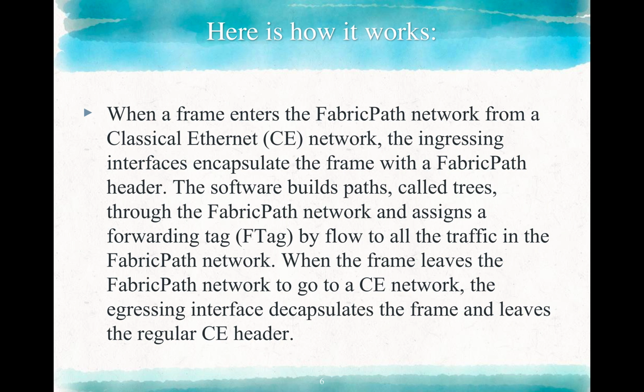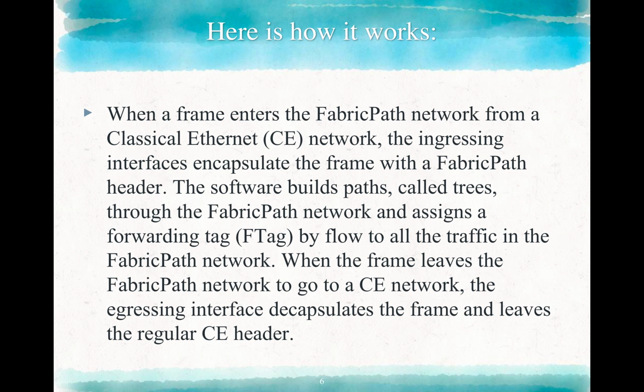So how does FabricPath work? When a frame enters the FabricPath network from a classical Ethernet network, the ingress interfaces, the interfaces that receive the frame, encapsulate the frame with a FabricPath header, which we are going to talk about in a few minutes.